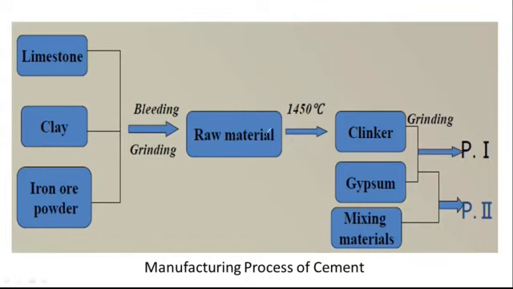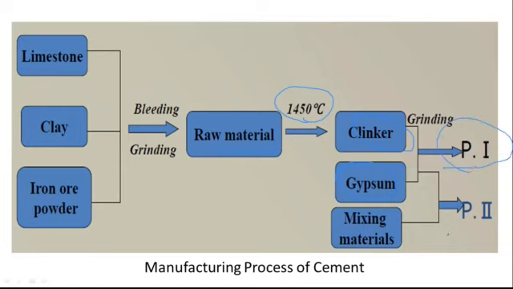Then the raw material is heated to a high temperature of 1450 degrees in a kiln. In this process the raw material is broken down and results in clinker. Clinker is ground to a fine powder in a mill and mixed with gypsum to create cement. This is phase 1.